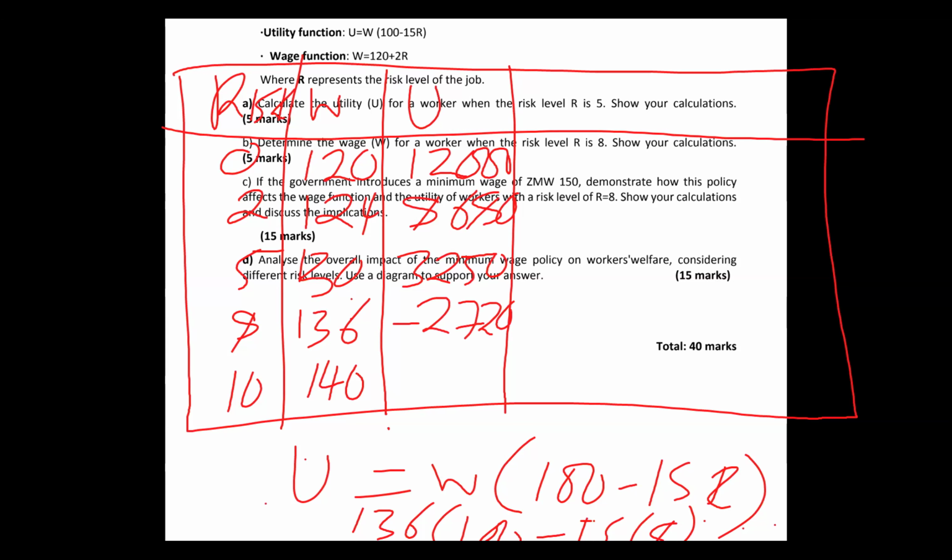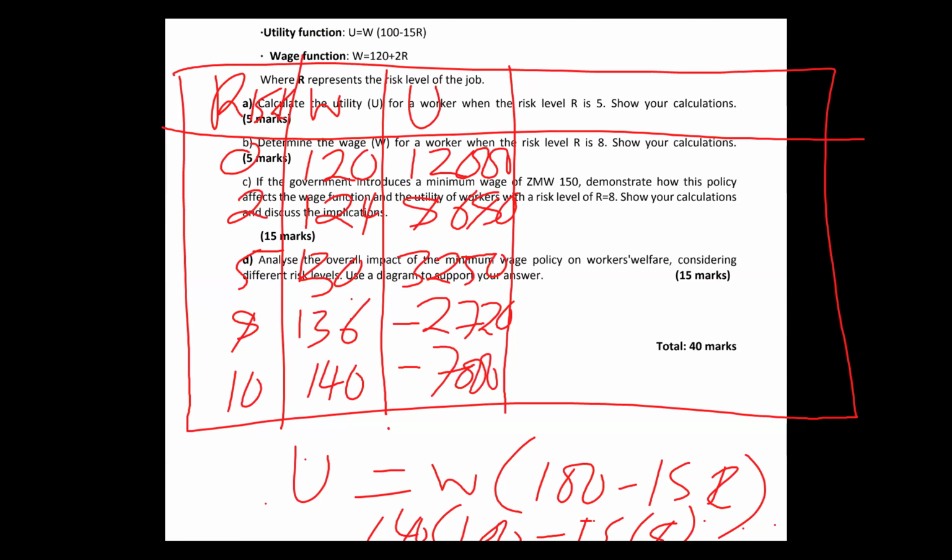Where did we get the 100? In this function, the utility function, like the wage function. All right. So when you do it at 10, obviously you know that it will be 140 times 100 minus 15 times 10, 150. So that will still give us a negative of 7,000.